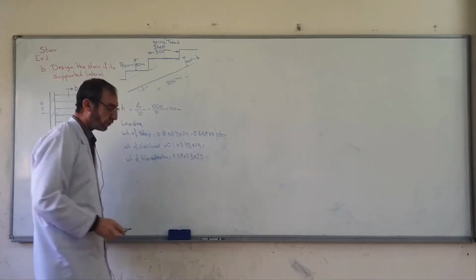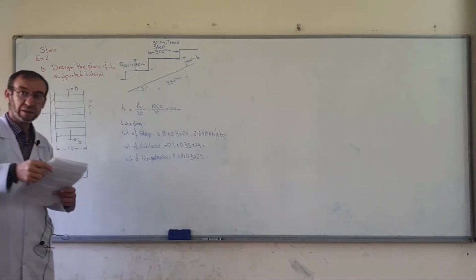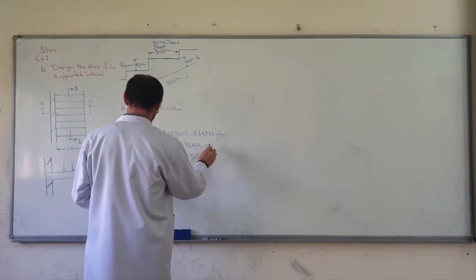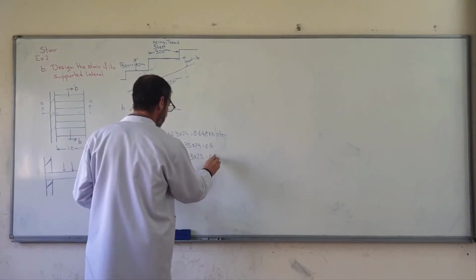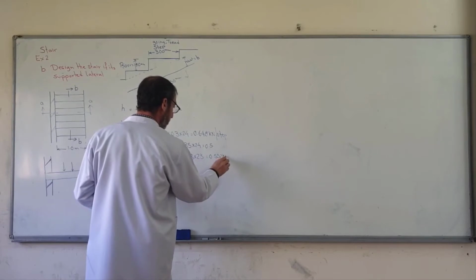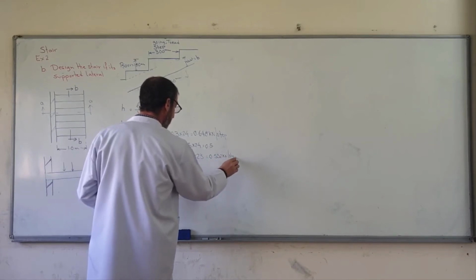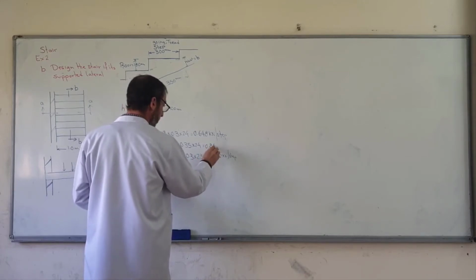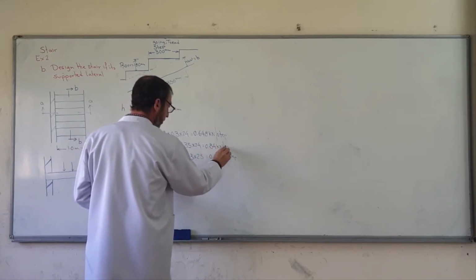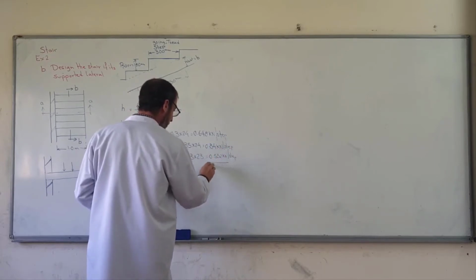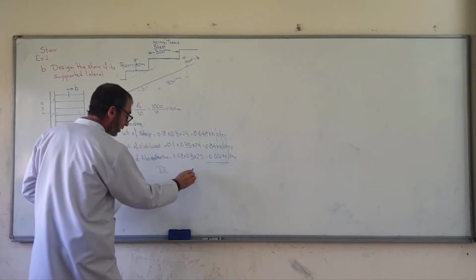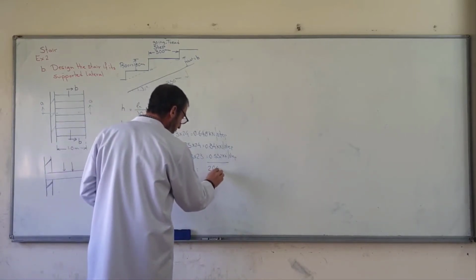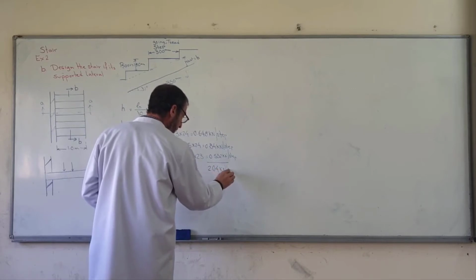For each step we found 0.2 kilo Newton per step, and here also 0.8 kilo Newton per step. Now the total dead load on the steps is 2 kilo Newton per step.